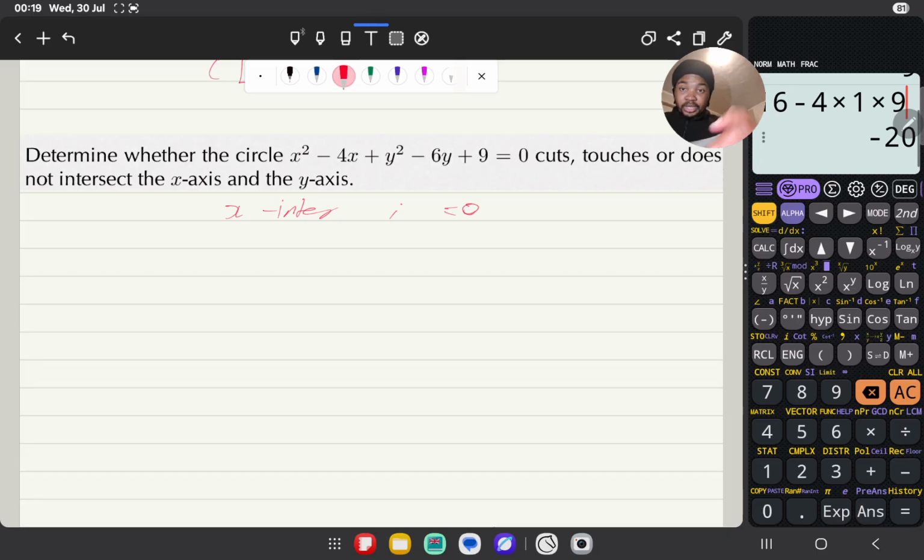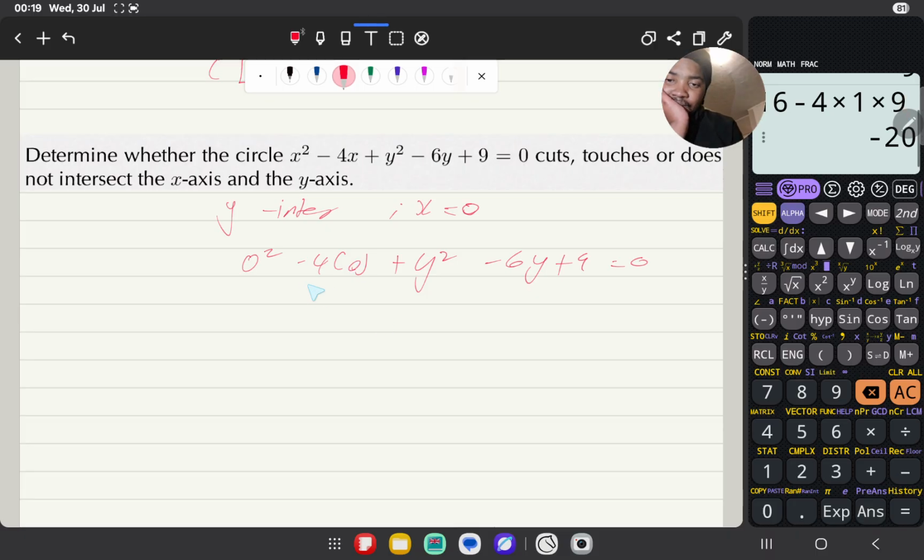Now let's show that it doesn't, or maybe it does, cross the y-axis. So for the y-axis, x equals 0, so that means you have 0 squared minus 4 into 0 plus y squared minus 6y plus 9 equals 0, right?